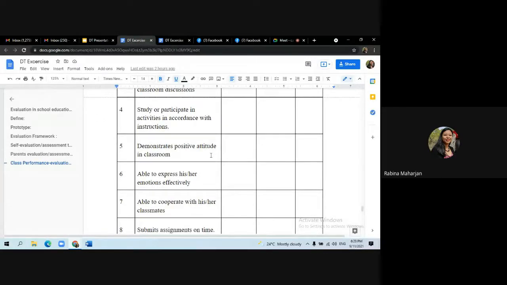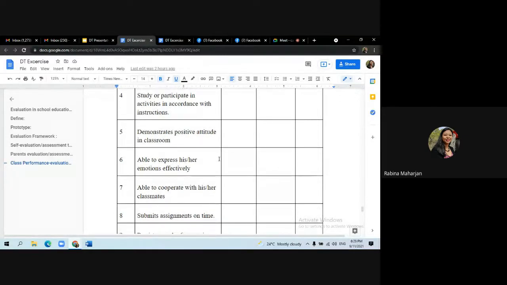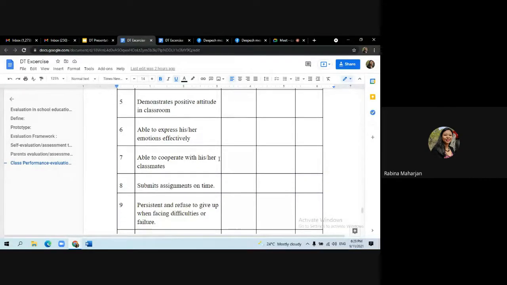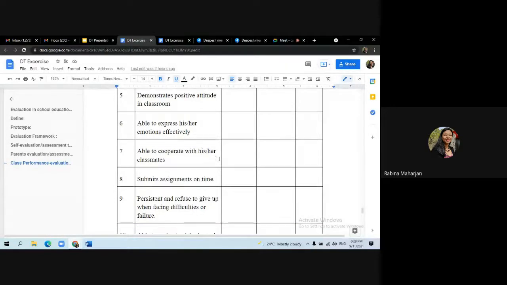Demonstrate positive attitude in the classroom. Sometimes we see students who are very negative in their attitude, and that is not good for academic health. So we consider positive attitude another criterion for classroom performance, and whether he or she is able to express his or her emotions effectively or not.